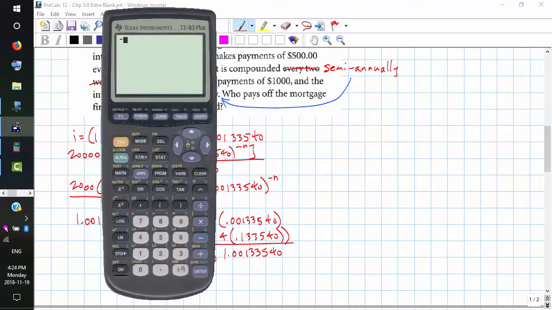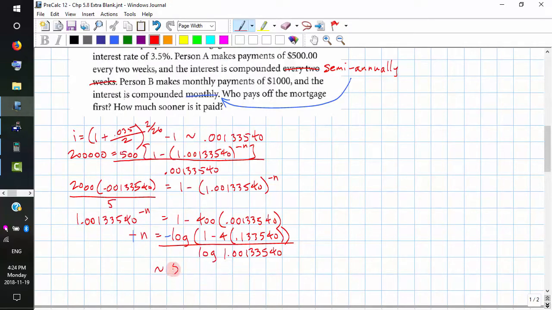So now we can plug this in our calculator, get our approximate value. Okay, we're going to do negative log 1 minus 400 bracket 0.0013354, and we need to close it off with 2 brackets divided by log 1.0013354 bracket. And we get 572.4 bi-weekly payments.